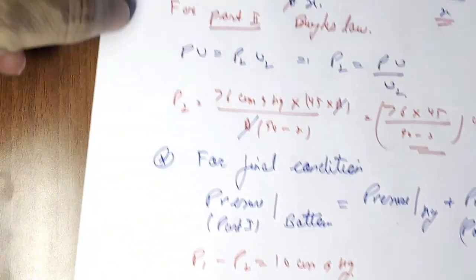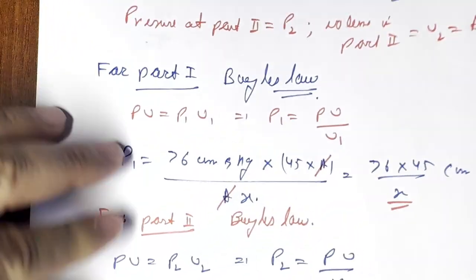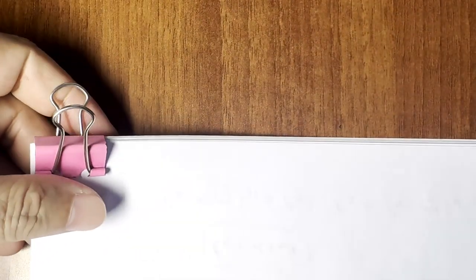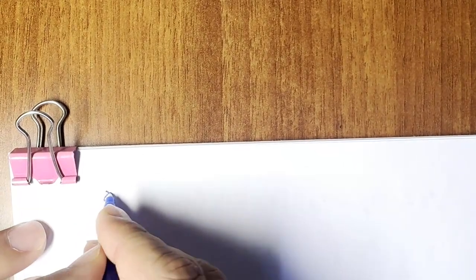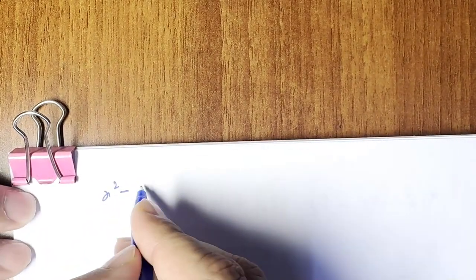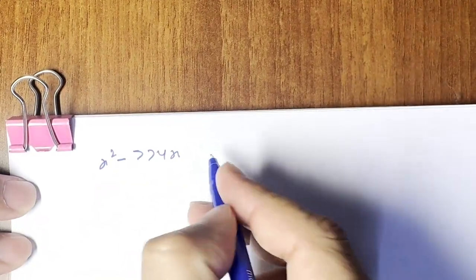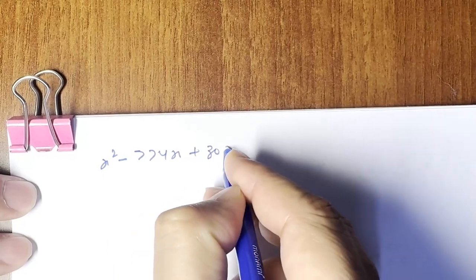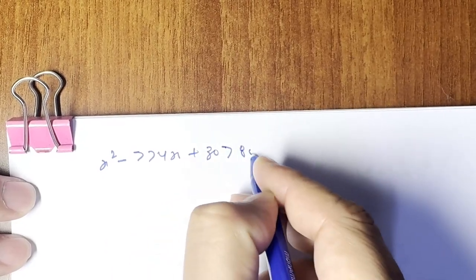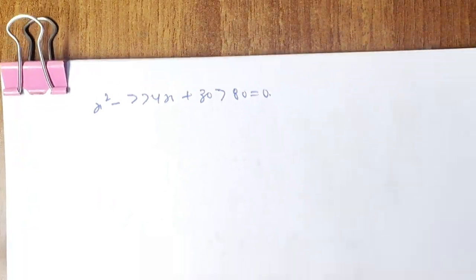So this gives us a quadratic equation, which we can write as x square minus 774x plus 30780 is equal to 0.